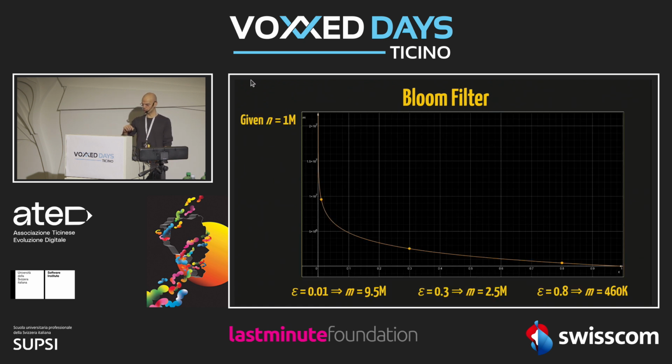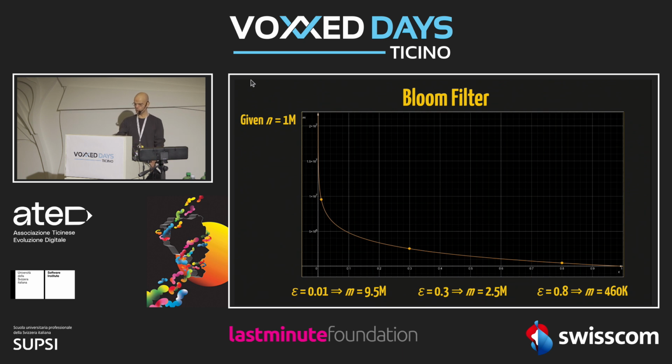So if we start from the right side of the graph, we see that if we want an 80% error rate, which is really high, we have to have around 500,000 bits as the size of the array, which divided by 8 is around 60 kilobytes, so very little memory.